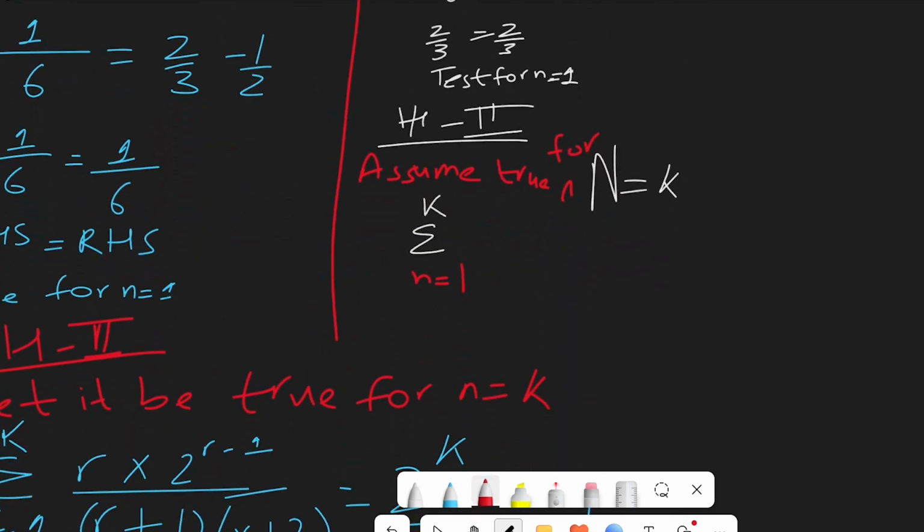Okay, 4 power n. N equals 1, 4 power n, basically the left hand side remains the same. So 4 power n times n squared over n plus 1 into n plus 2.